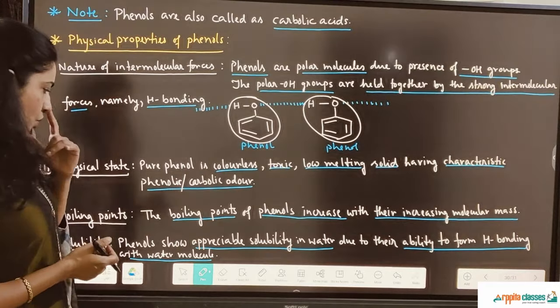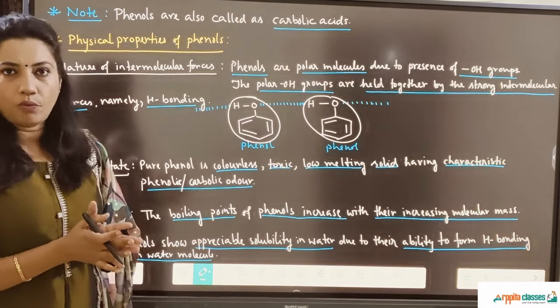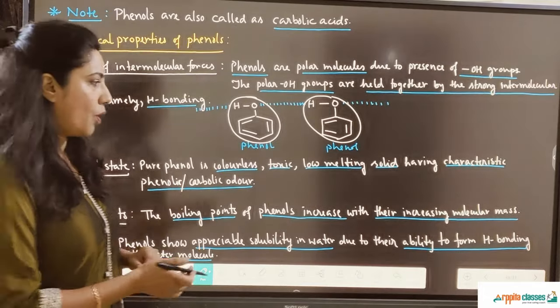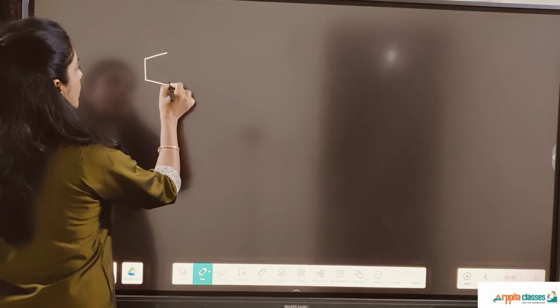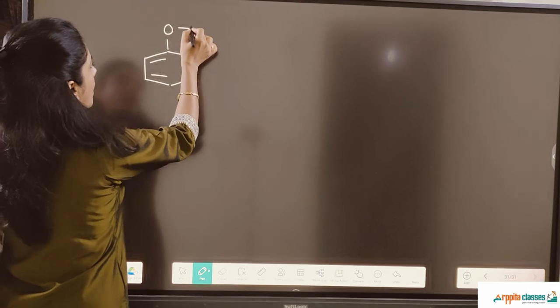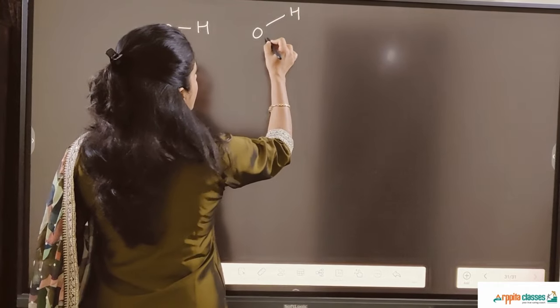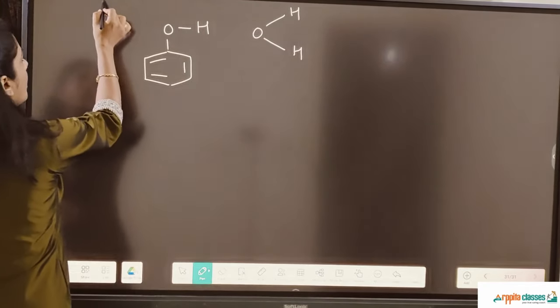Next one is solubility. So phenols show appreciable solubility in water due to the ability to form hydrogen bonding. They form hydrogen bonding with water, and because of that they are a little soluble in water. I'll show you how they form hydrogen bonding with water. So this is my phenol, and this is my water molecule. This is one of the water molecules.